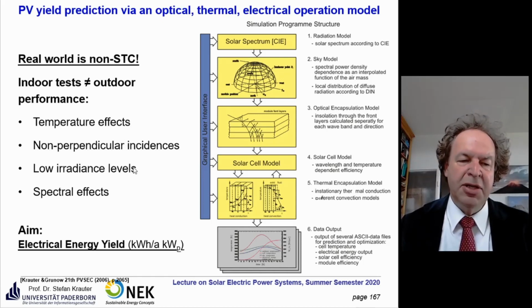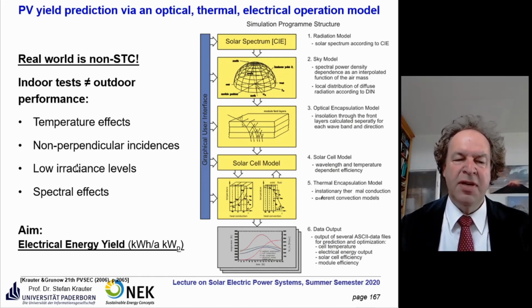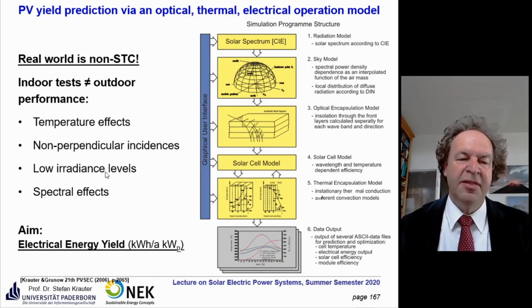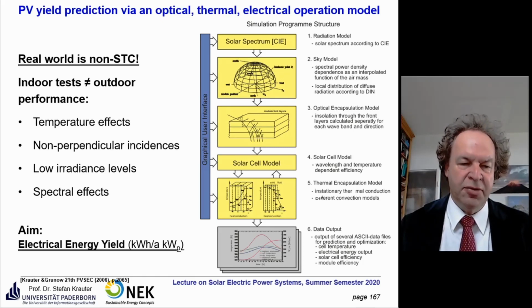This is particularly important in Germany, because we have long periods, in winter particularly, though not this winter, with quite low irradiance levels, and there the efficiency is not the efficiency given in the standard test conditions.